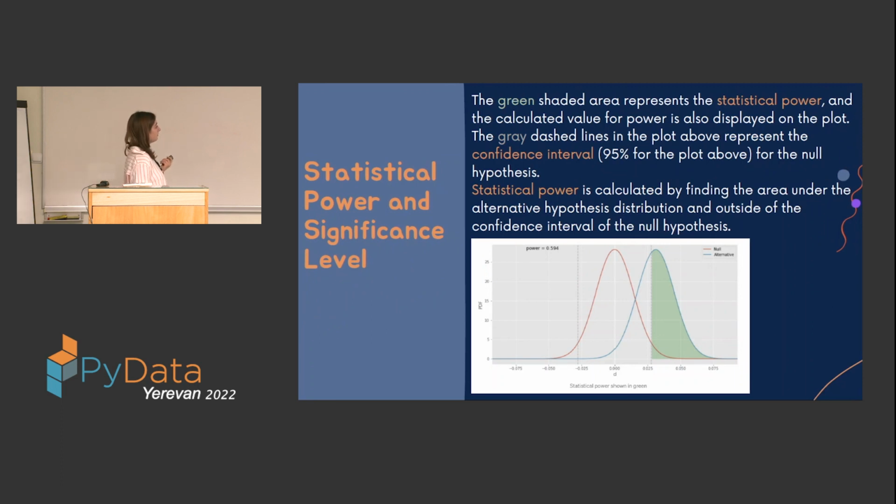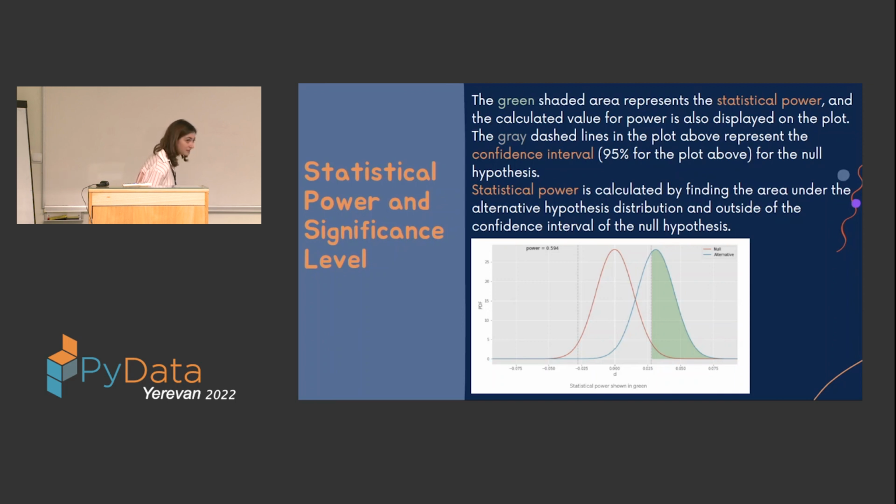First of all, some metrics that are used to understand the performance of the experimentation. Is the chart visible for everyone? Yeah, so the green one is the statistical power. Can you see these dashes here?